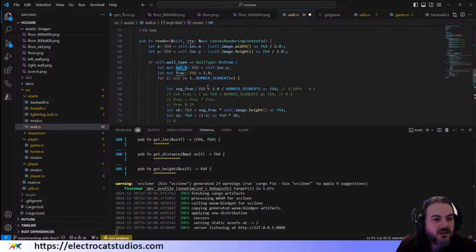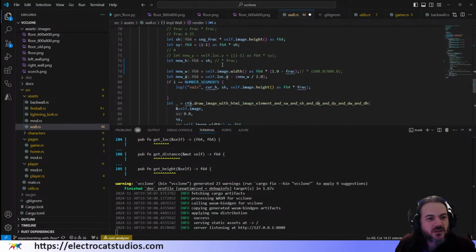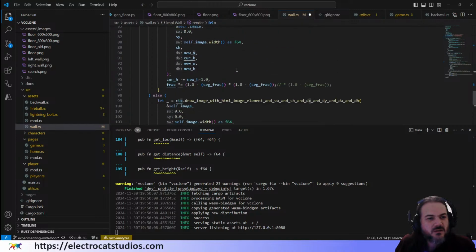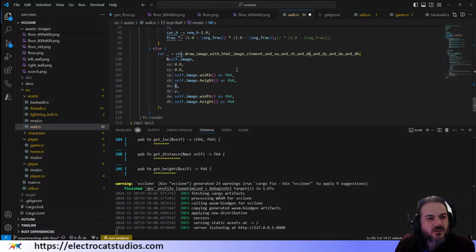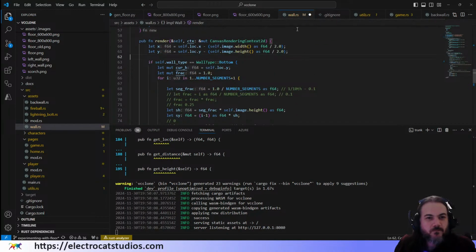Okay, so we're maintaining, right, self.lock.y, which would be the halfway point. Self.lock.x. So where are we using x and y? We're not using those. Okay, that's cool.